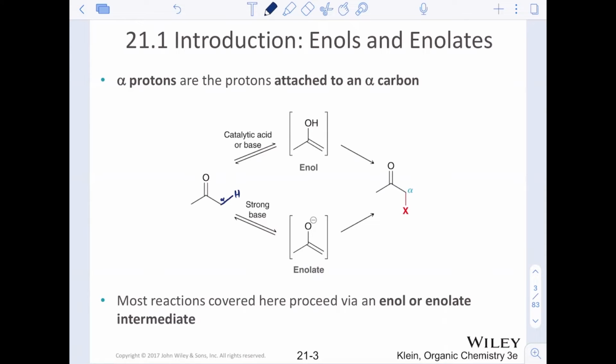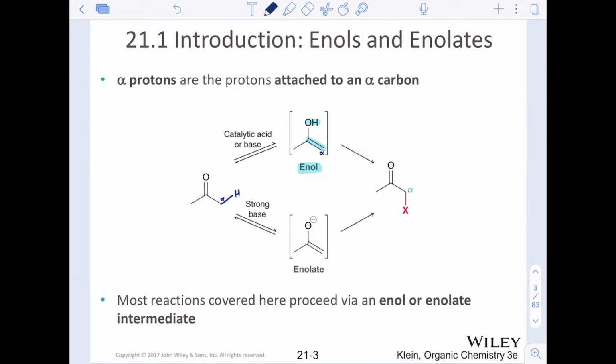Now, if a catalytic amount of acid or base is used, we go from the ketone to the enol form, which again, ene for the alkene, ol for the alcohol, so enol. Again, notice the alpha carbon is now the one that has the pi bond and the oxygen has the hydrogen.